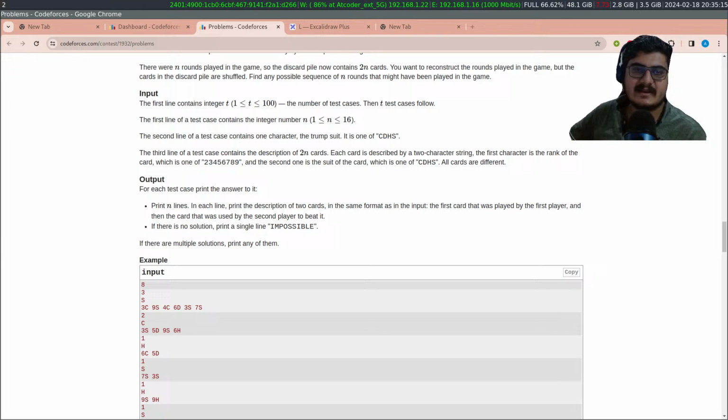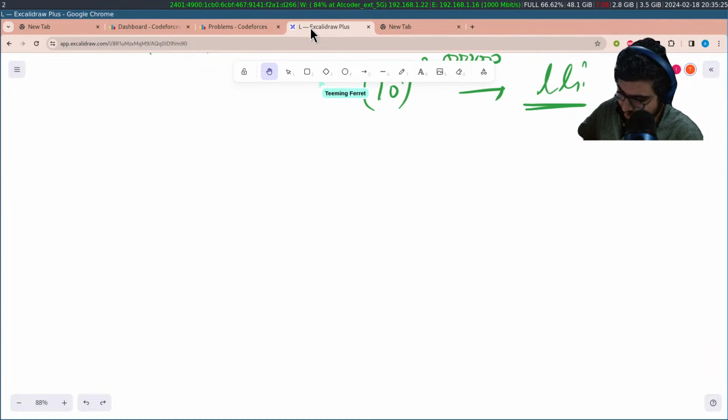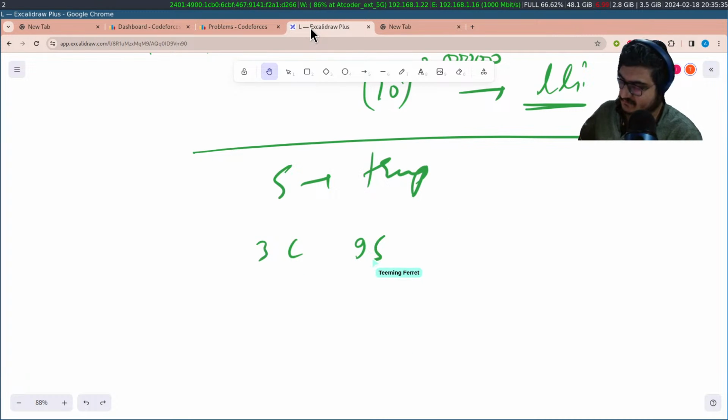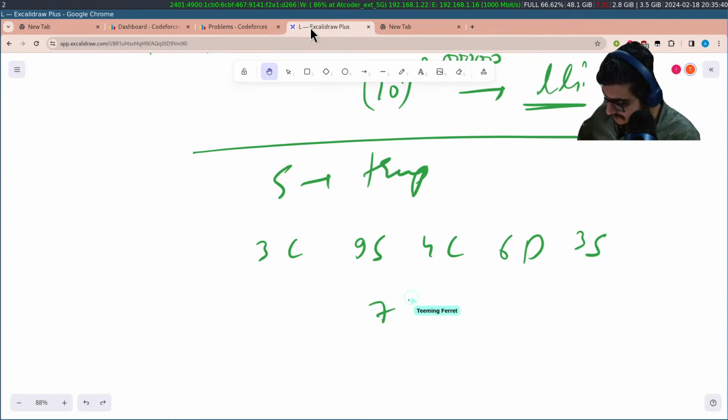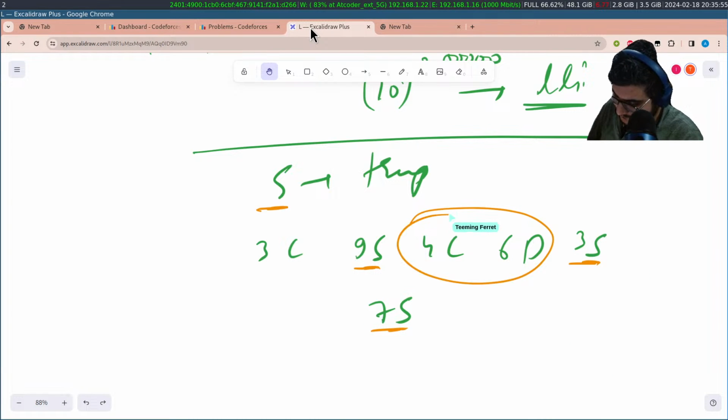So to summarize the problem once. In the first example, S is the trump suit, and the cards are 3C, 9S, 4C, 6D, 3S, 7S. Because S is the trump suit, 3S, 7S, and 9S can beat any of the other cards.